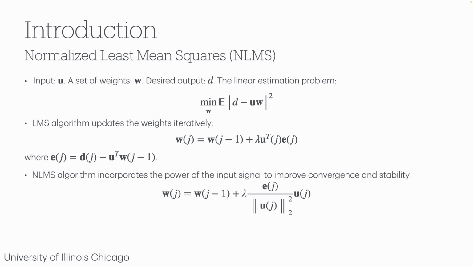NLMS normalizes the update term with the square of the L2 norm of the input signal. Inspired by the NLMS and SGD, we combined the strength of both and created the INSGD algorithm for training machine learning models, and I will go into the details of the algorithm later.